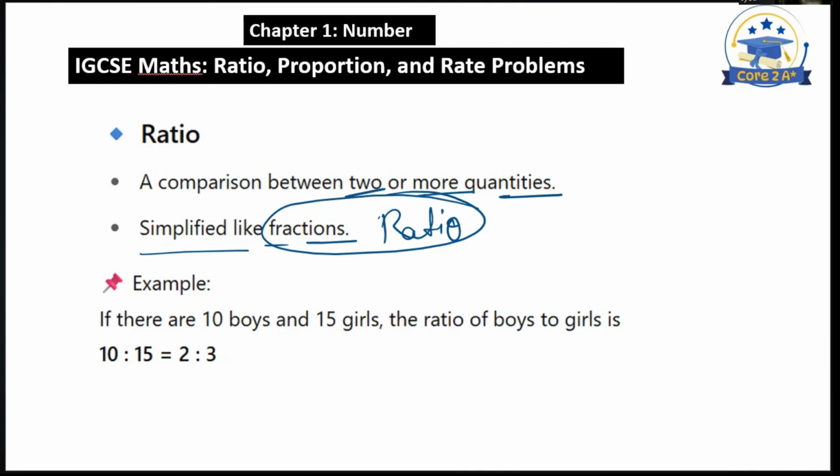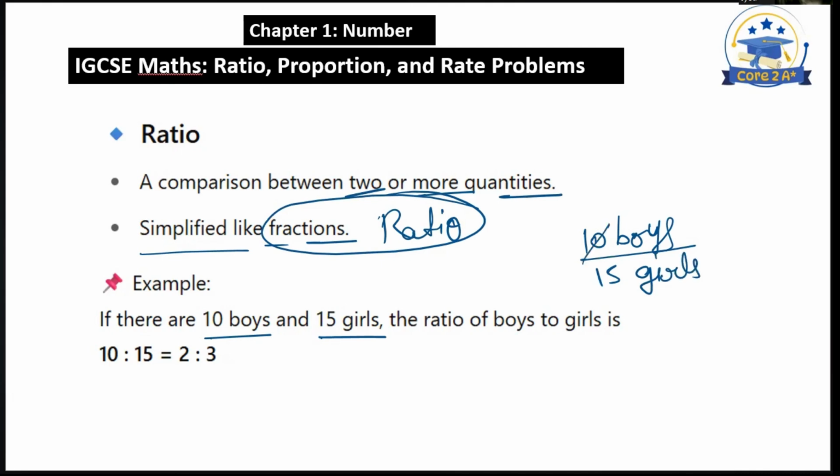For example, if there are 10 boys and 15 girls, the ratio of boys to girls is 10 boys. First, you have to write 10 boys, and we have to find the ratio. So it means we have to divide by the 15 girls.